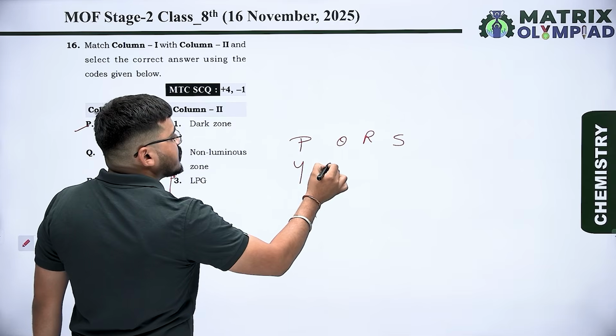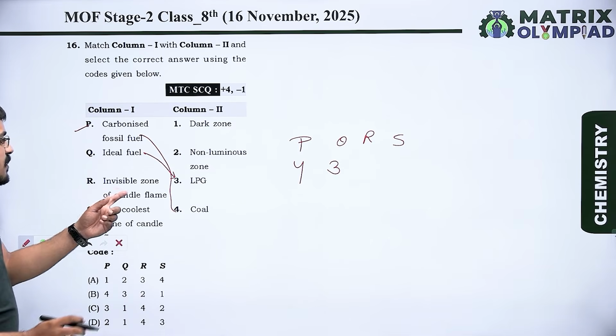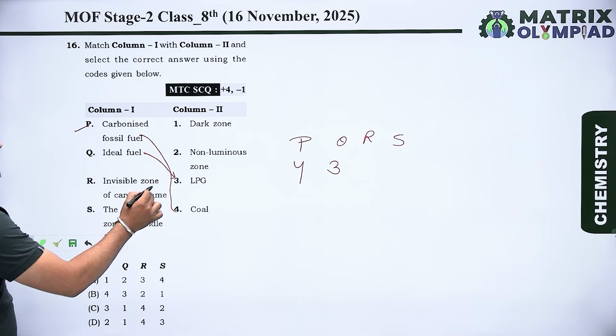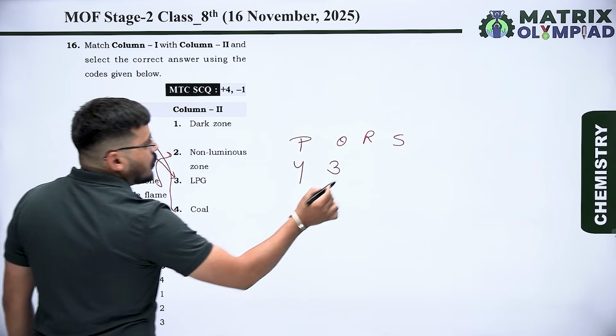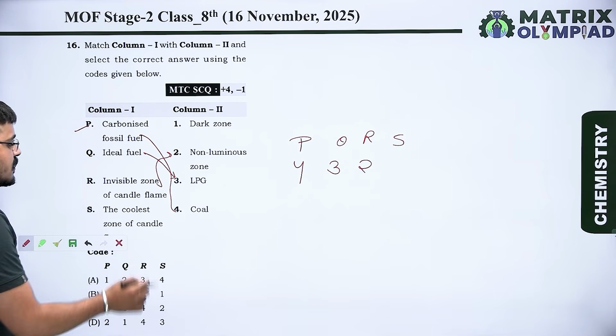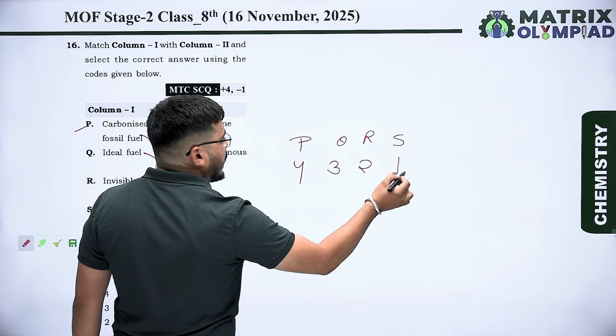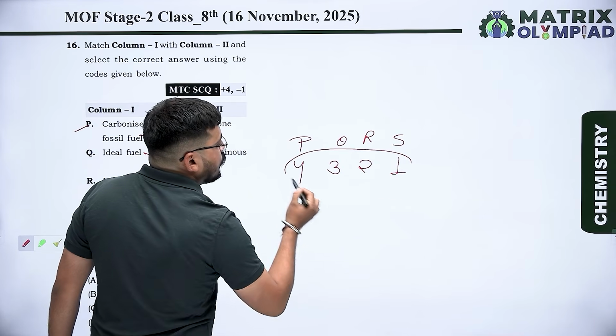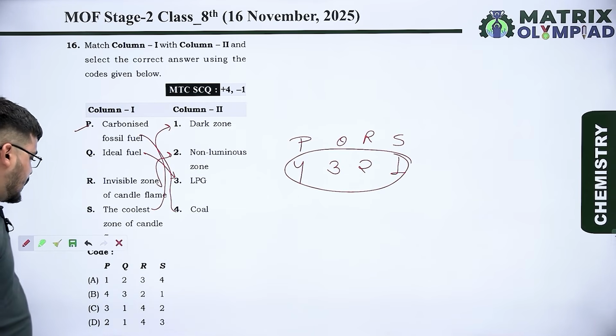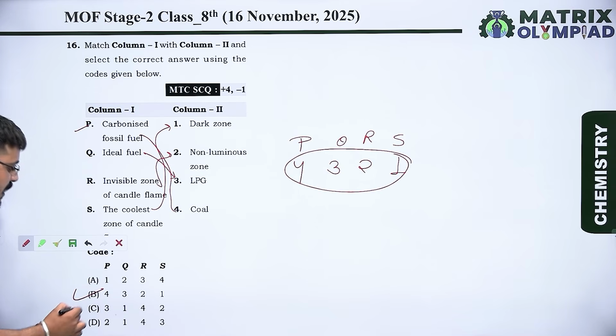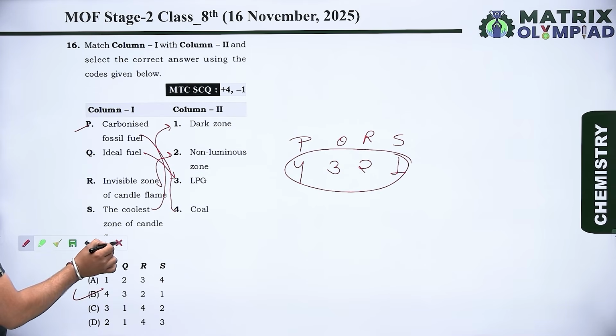So Q matches option number 3. The invisible zone of the candle flame is the non-luminous zone. It is number 2. And the coolest zone of the candle flame is the dark zone, so it matches 1. According to this, which option is correct? 4, 3, 2, 1. Option number B is correct. Let's move to the next question.